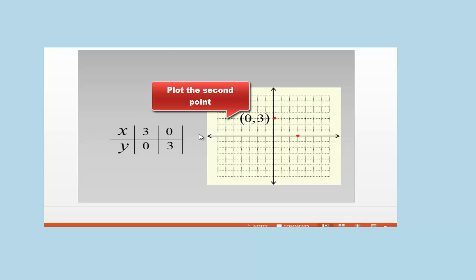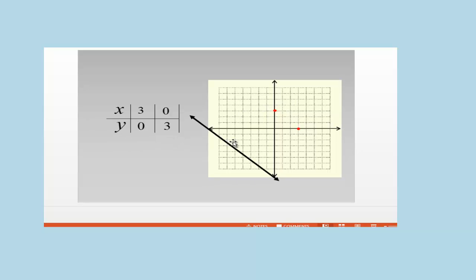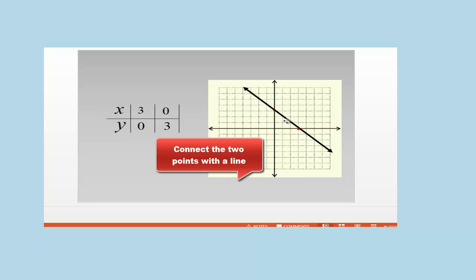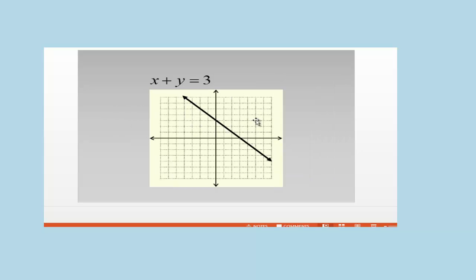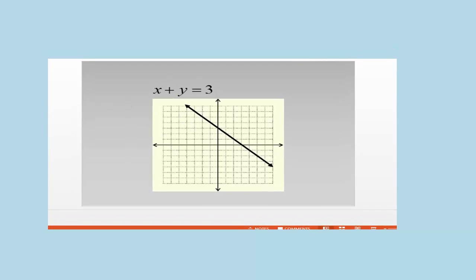Next, plot the second point 0, 3. Here is the point 0, 3. After plotting the 2 points, connect them using a line. Connect the 2 dots or 2 points using a line. This is now the graph of the given equation x plus y equals 3.